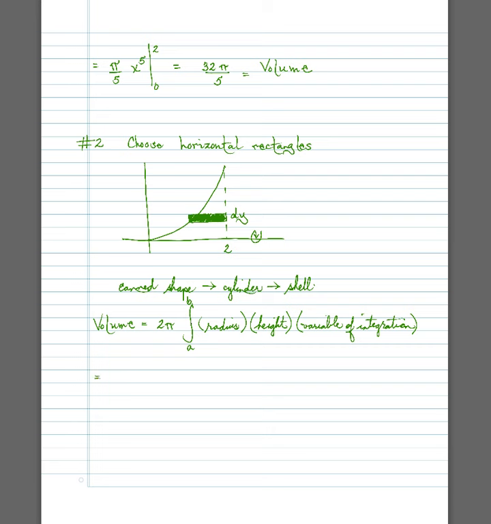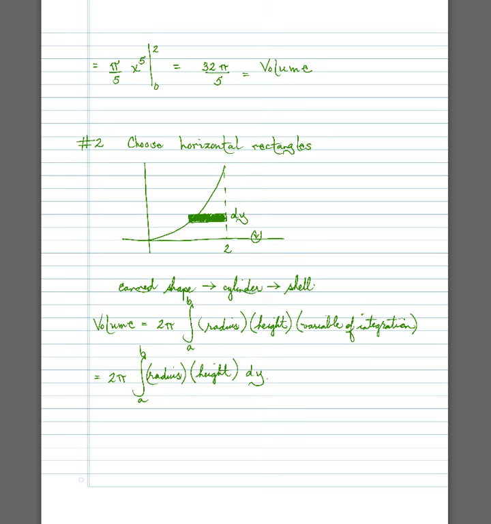Okay, so we're going to just rewrite this as 2 pi times the integral from a to b of the radius times the height times dy. Okay, now the next thing we need to do is identify, well, what is the radius and the height? In this case, we have a variable of integration dy.